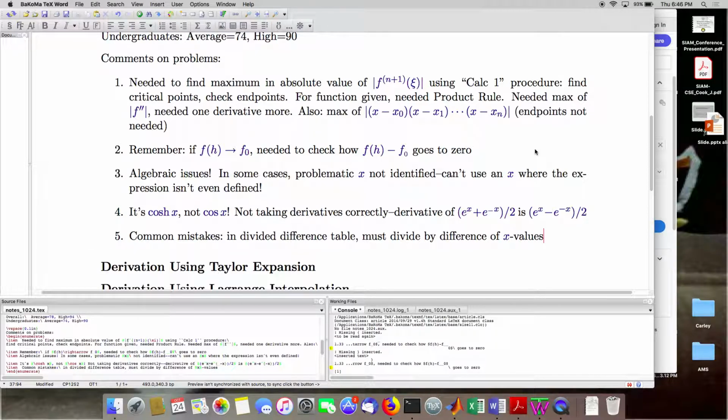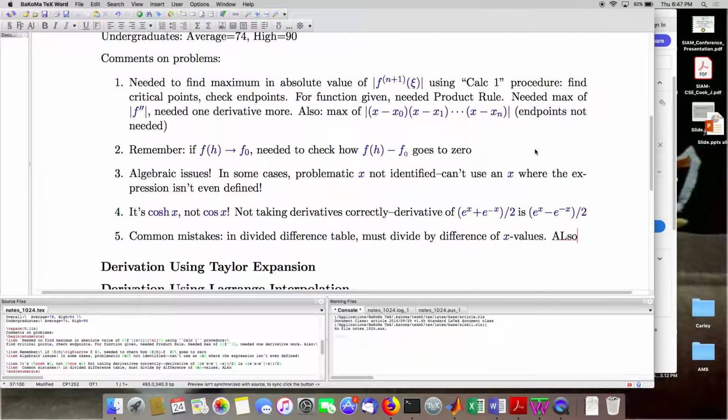In your table, you have these divided differences, and people were subtracting them, but forgetting to divide by the difference of appropriate x values that went with them. There's a reason it's called a divided difference. You are dividing differences.